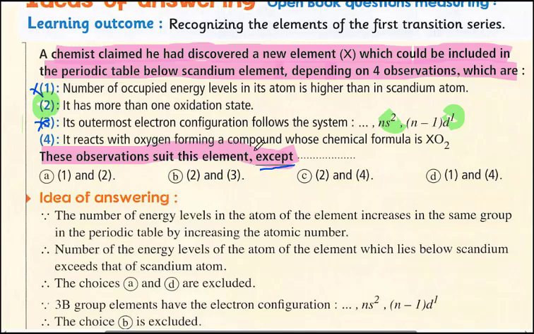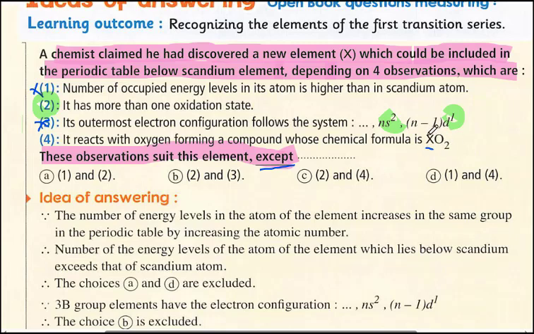Okay, so correct, so we cannot take it, as we want the exception. It reacts with oxygen forming XO2. Here the oxidation state of this element is positive 4, as 2 oxygen atoms, each one has a charge of negative 2, multiplied by 2 is negative 4, so it is positive 4.